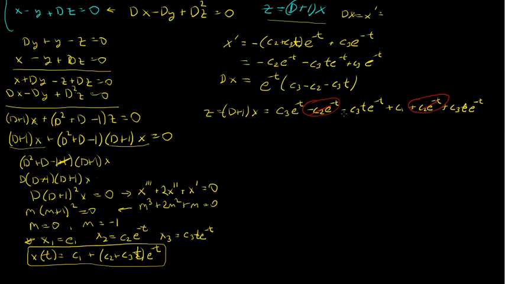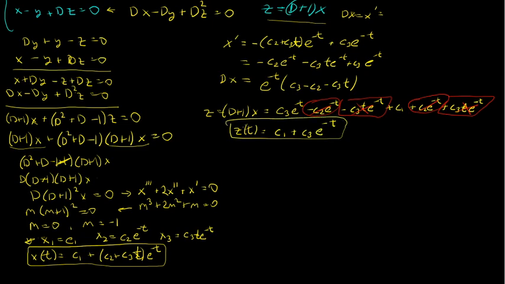And we have the same thing here, negative c3t e to the negative t plus c3t e to the negative t. So that's also 0. And so really we're just left with c1 plus c3 e to the negative t. So there's our z of t. Right? So let's put the c1 first, c1 plus c3 e to the negative t. And that's the z function as a function of t.